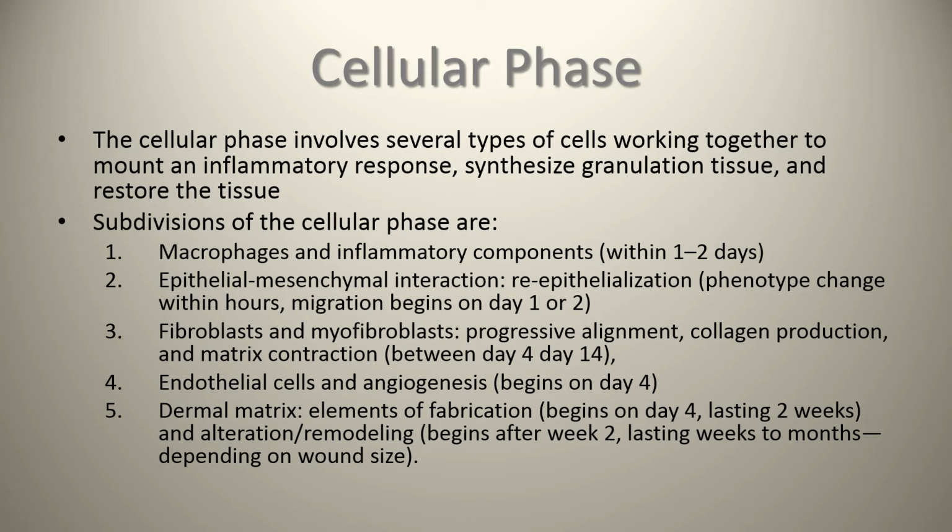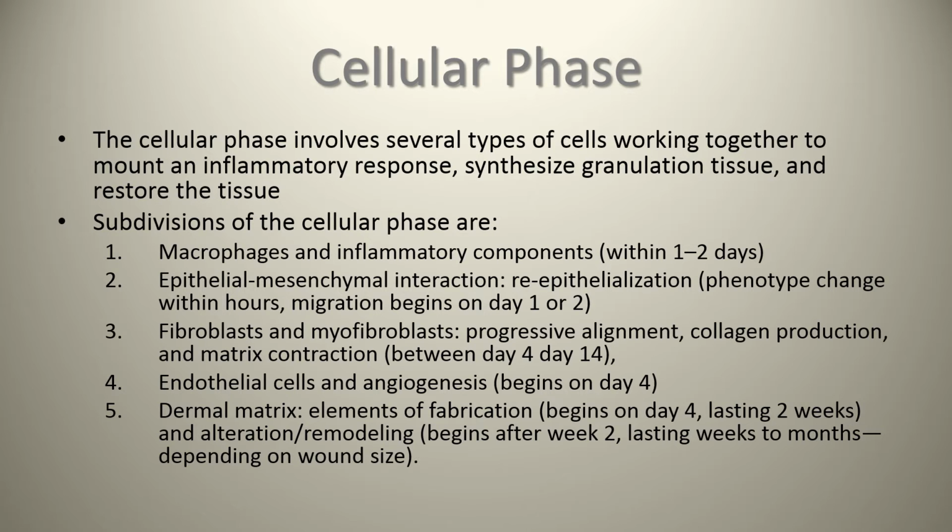This is between day 4 and day 14. Four, endothelial cells and angiogenesis, which begins on day 4. And five, dermal matrix elements of fabrication, which begins on day 4 and lasts 2 weeks, and alteration and remodeling, which begins after 2 weeks, lasting weeks to months depending on the wound size.